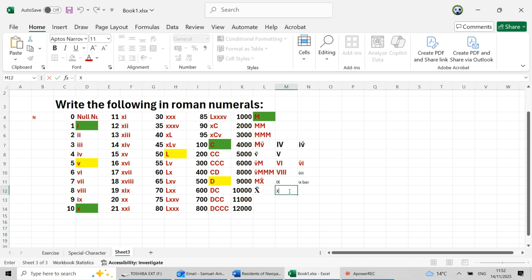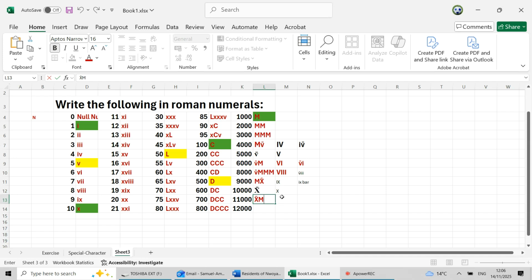Similarly, we can have 11,000. In my way of simplification, we can have our 10,000 there plus 1,000. That is 11,000 for me.